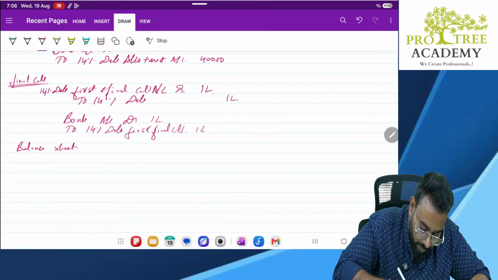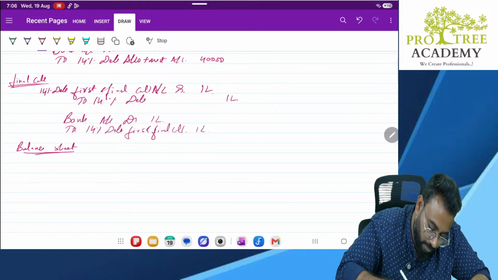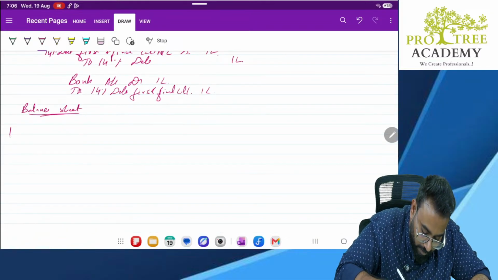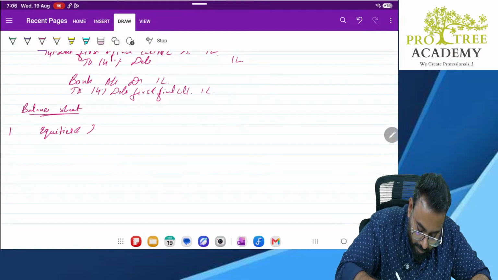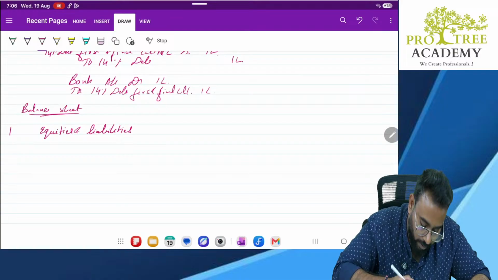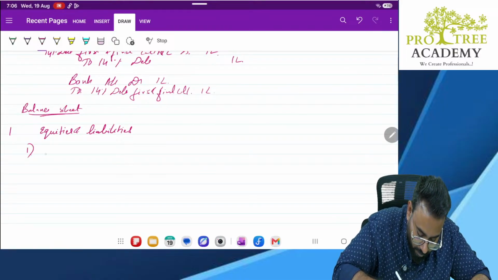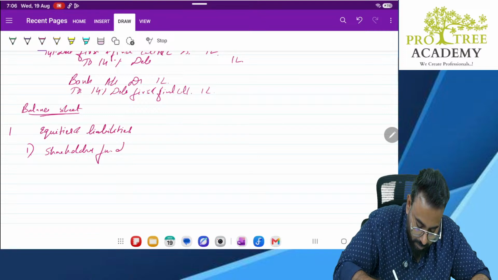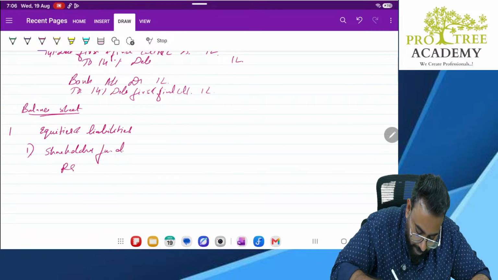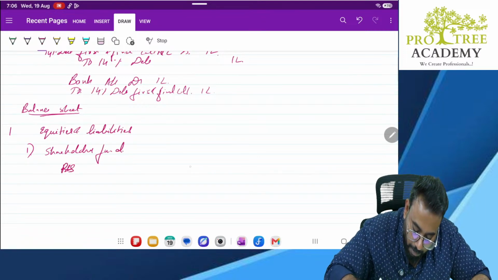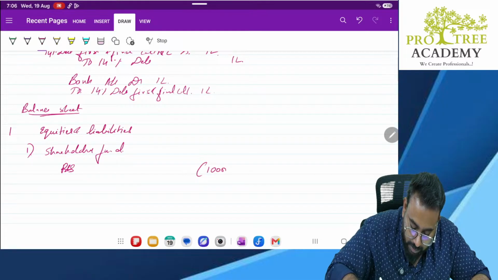Correct? First Roman number, what is it? Equities and liabilities. Okay. First item, shareholders fund. Under that, reserves and surplus minus 10,000.